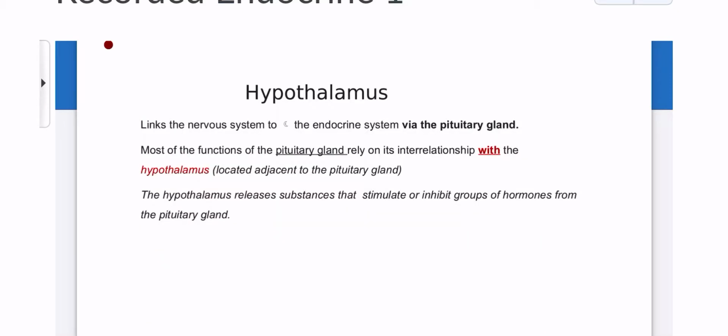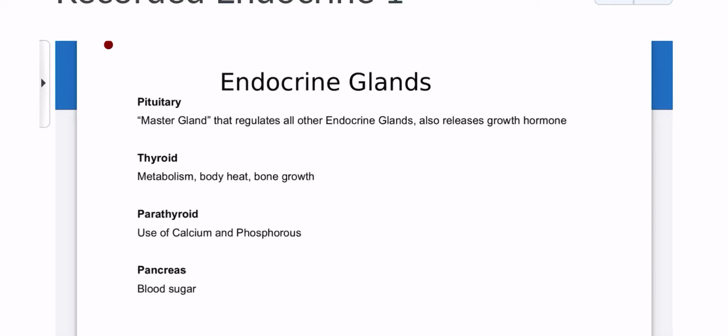The hypothalamus and pituitary promote coordination of the autonomic nervous system and the endocrine system. Let's focus then on the endocrine.